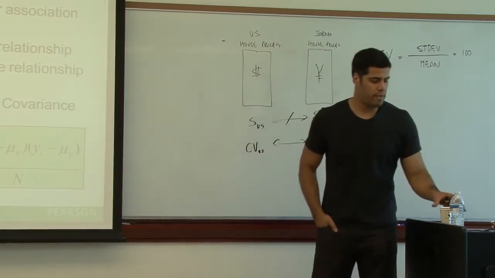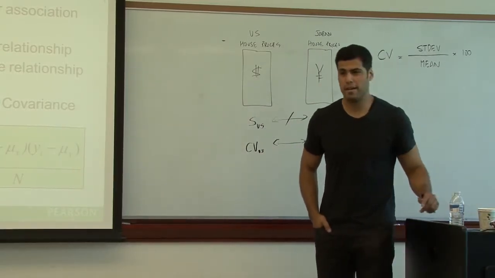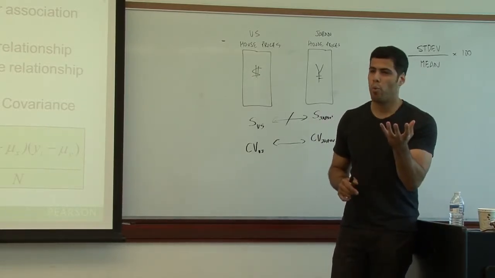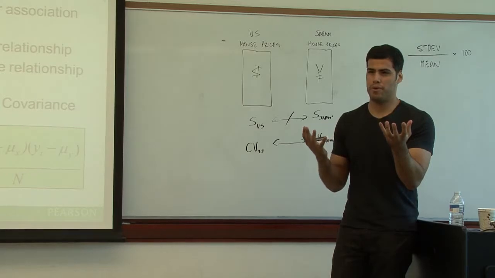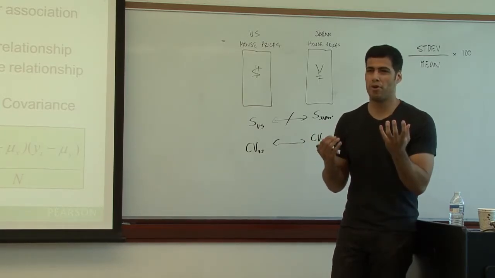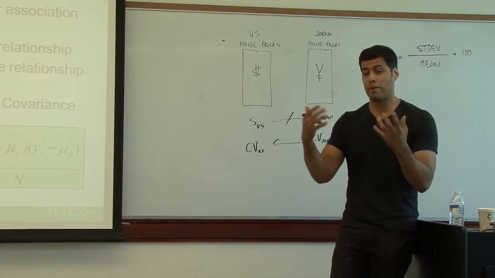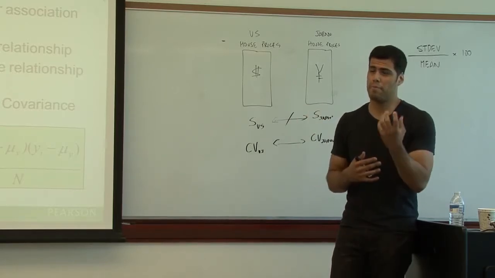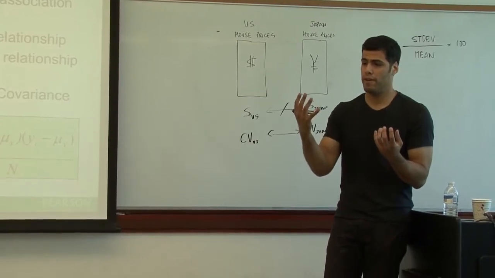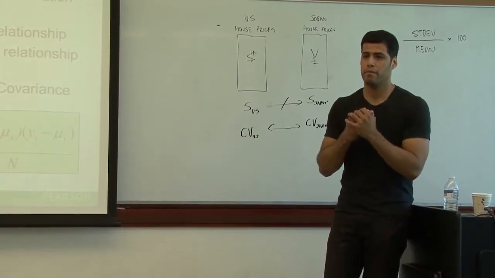So when I say co-movement, I'm saying when variable x goes up, what is variable y doing? Okay? Is variable y going up in value, I mean, right? When variable x goes up in value, what is variable y doing? Is it going up? If it is, then they're positively related.